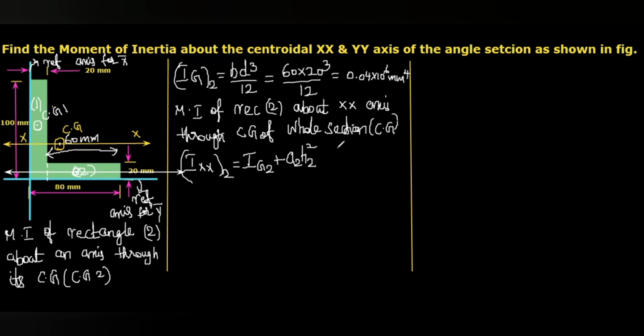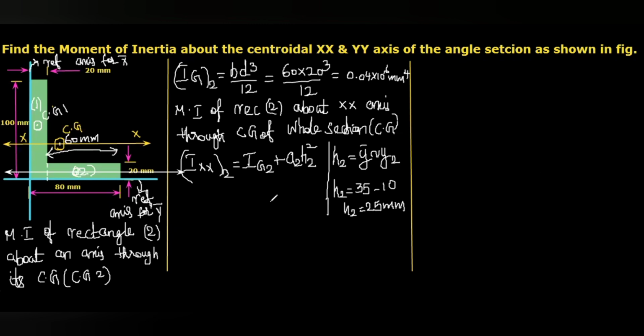And then here, H2 is the difference of y bar and y2. So from this, H2, the y bar value 35 minus y2 value 10. Okay. So H2 we will get 25 mm.